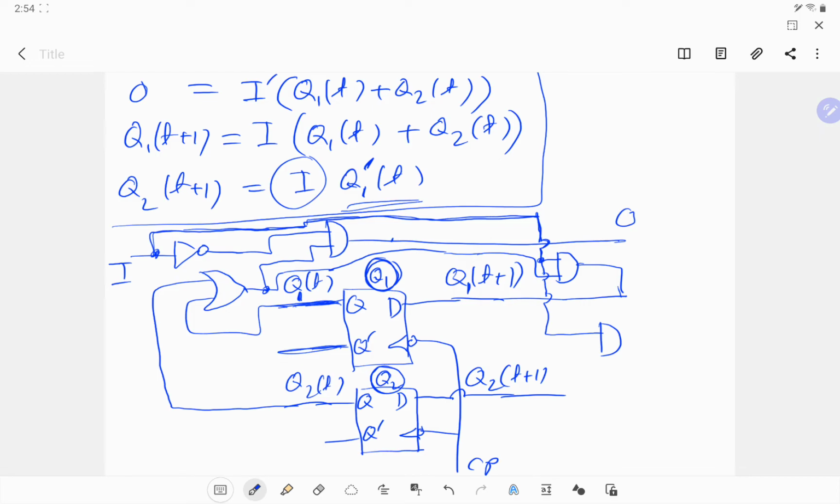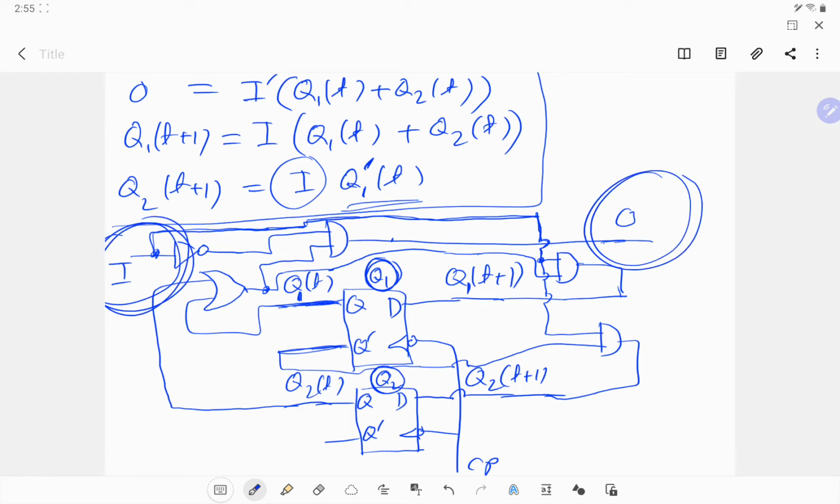We don't need to make Q1 prime, because it is already here. So we take this one as an input to the AND gate, and the output of the AND gate will be Q2t plus 1. So we got the input I, the output O, the present states Q1t, Q2t, and the next states Q1t plus 1, Q2t plus 1.